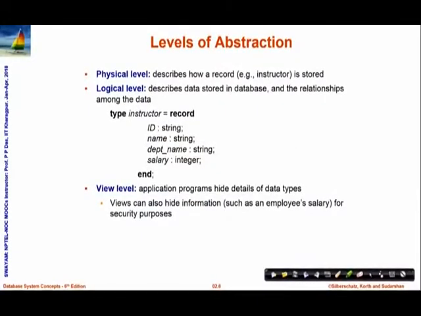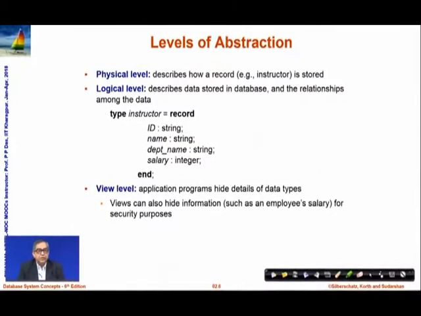At the third level, the topmost level, is called the view level, where the application program tries to view the data. When it does so, it deals with the details that it needs to, and the rest of the details are usually hidden from this view.